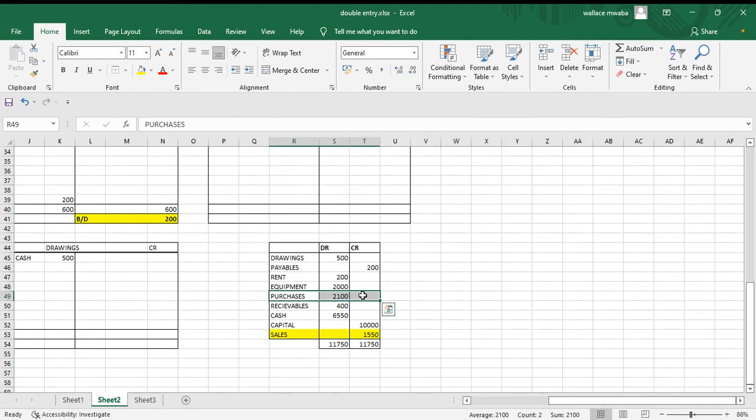Purchases is an expense. Also, rent is an expense. We just have those three components of our trial balance, which are going to go to our trading account and our statement of profit or loss.